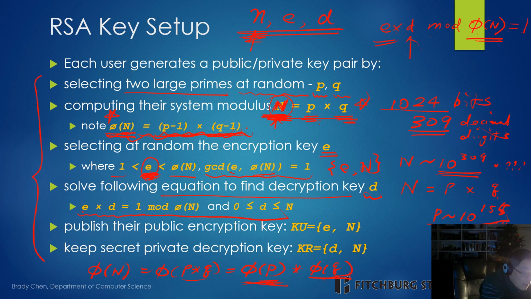Once we find d, we can define the public key and private key. I don't know why I wrote KU, KR; it should be PU, PR. So PU is E, N, and PR is D, N. That's the public key, and that's the private key.